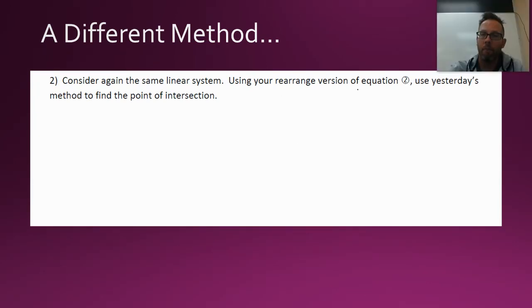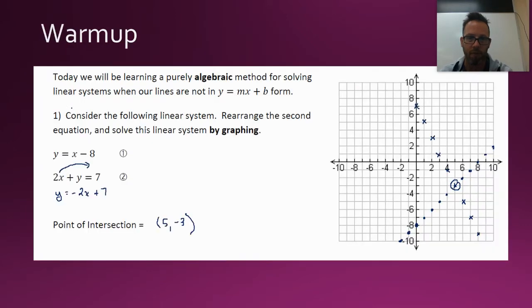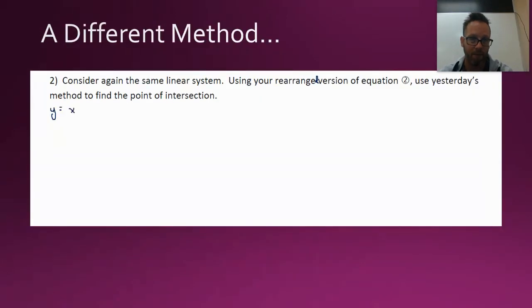All right, so let's look at the same linear system, and as a bit of a warm-up, let's use the rearranged version of equation 2, from the last lesson. I'm going to rewrite our equations out. We have y equals x minus 8.